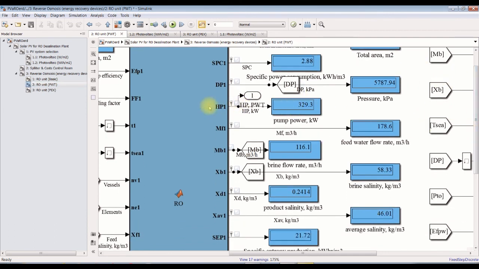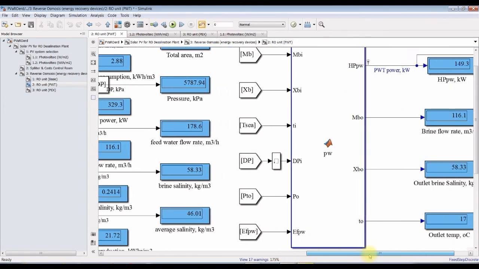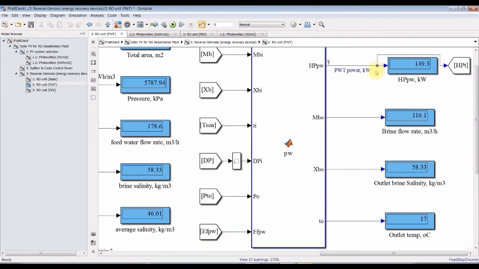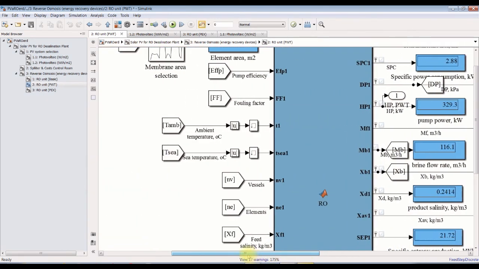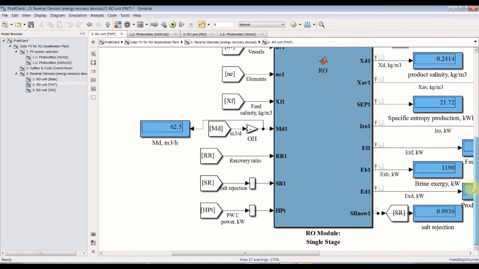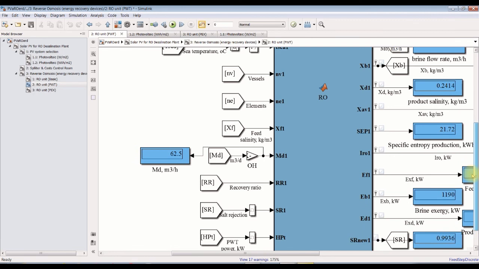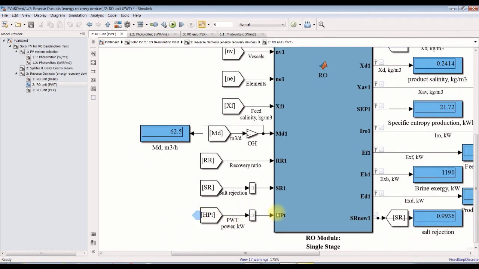This is high pressure pump power. This is Pelton turbine power. It's around 150 kilowatt. We're going to subtract this value here.